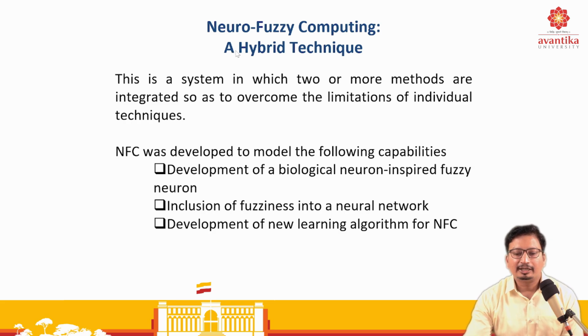One example of the hybrid technique is neuro-fuzzy computing. It is a mixture of neural networks and fuzzy logic. This is a system in which two or more methods are integrated.